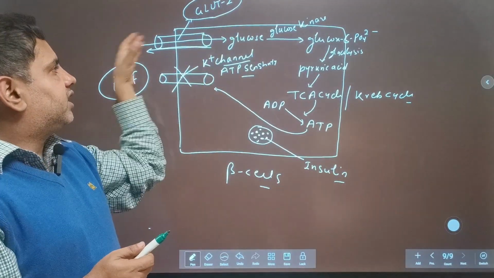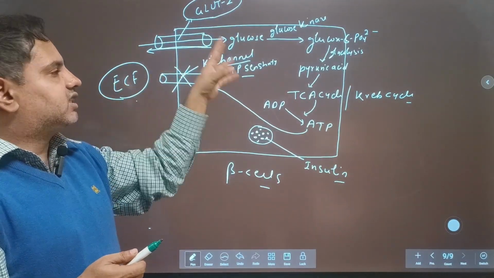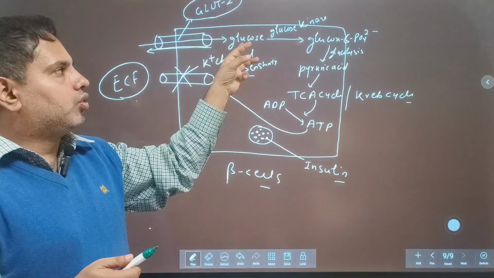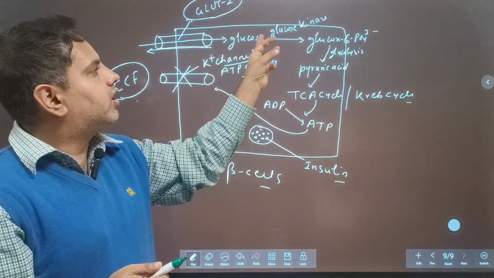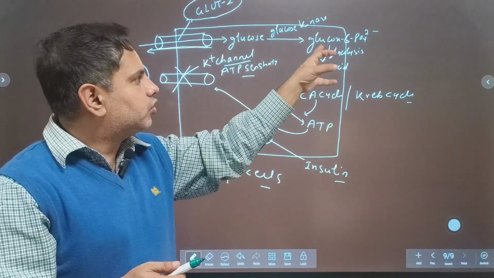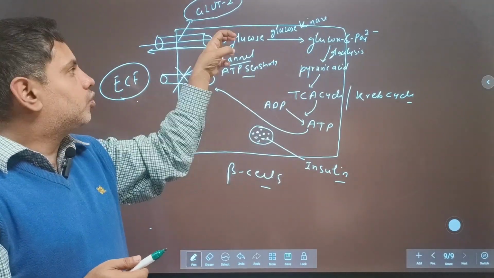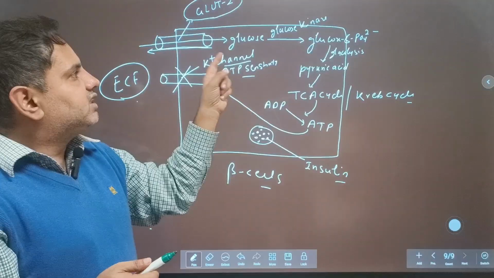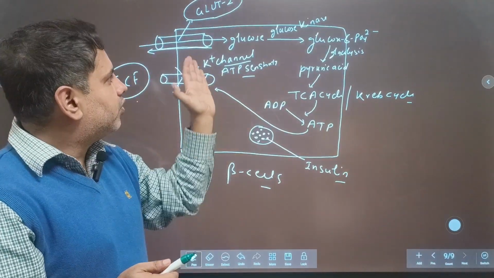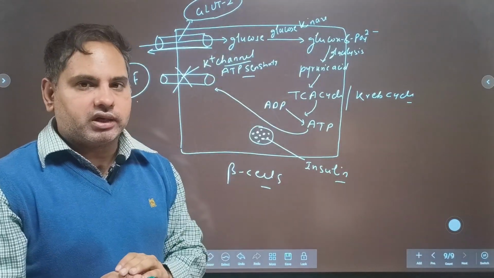Why 2? Because it can move from outside to inside, inside to outside, if it remains glucose molecules, but it is going to convert into glucose 6-phosphate, and the glucose 6-phosphate molecule is not going to move from inside to outside, but glucose can move. So, there is an enzyme glucokinase which will convert this glucose into glucose 6-phosphate.